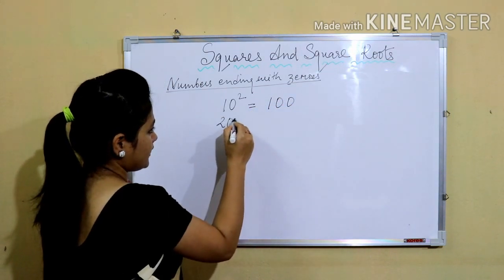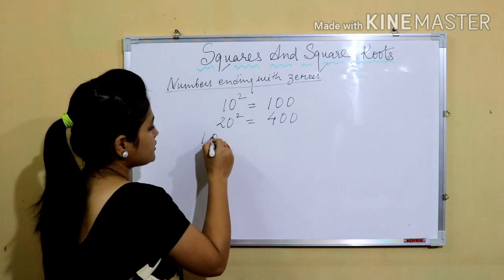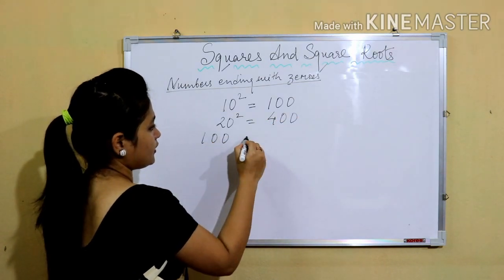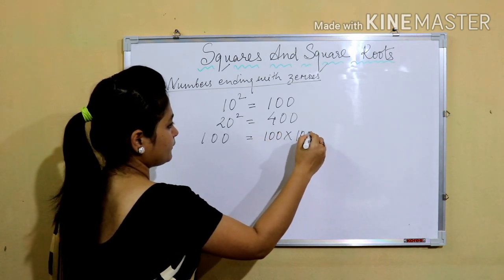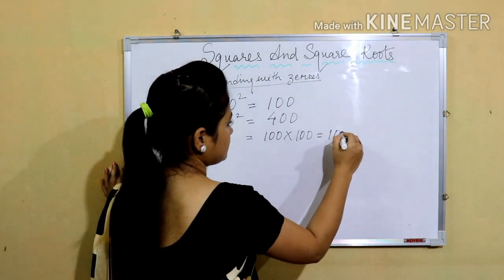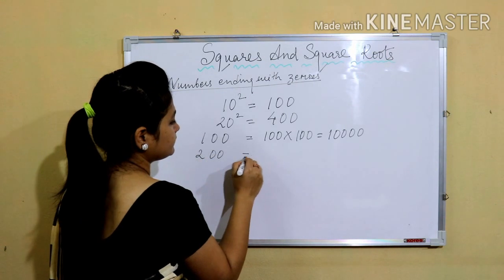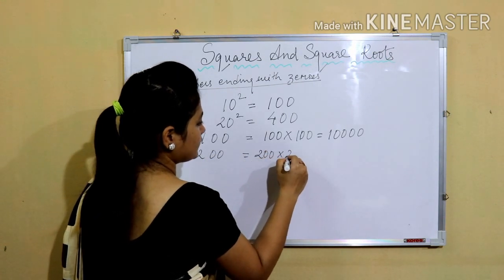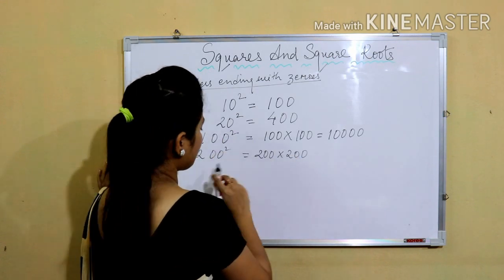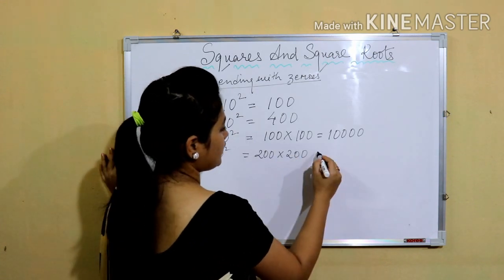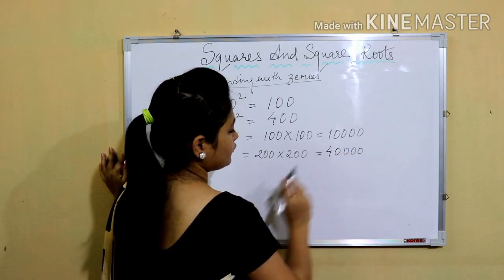Same way 20 square is 400. 100 square, that means 100 into 100, is 1 followed by 4 zeros. 200 into 200 will give you 40,000.